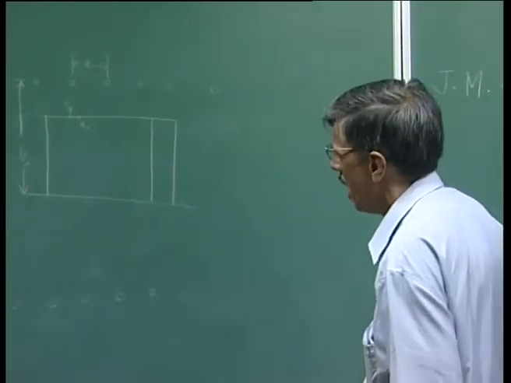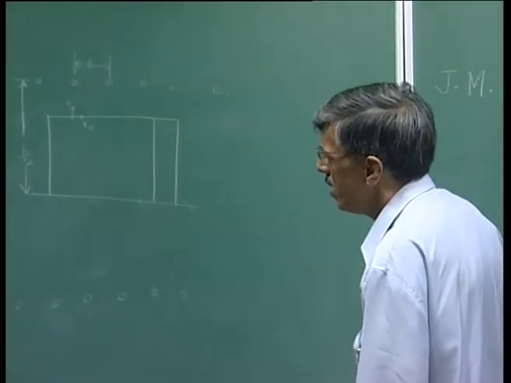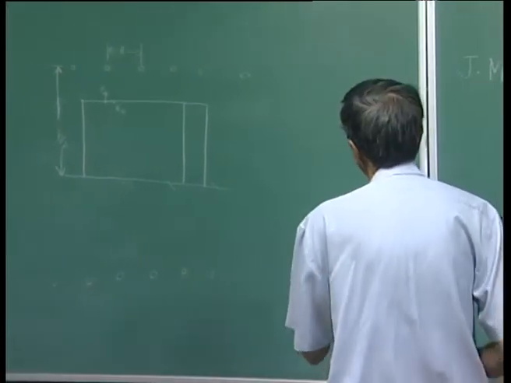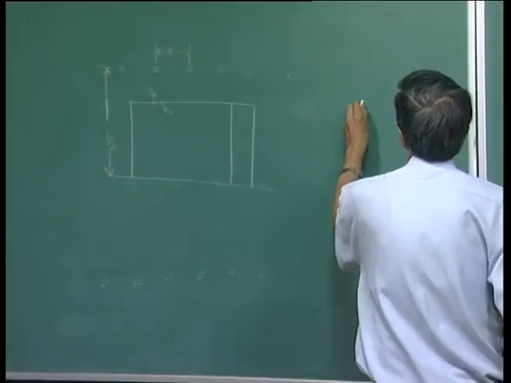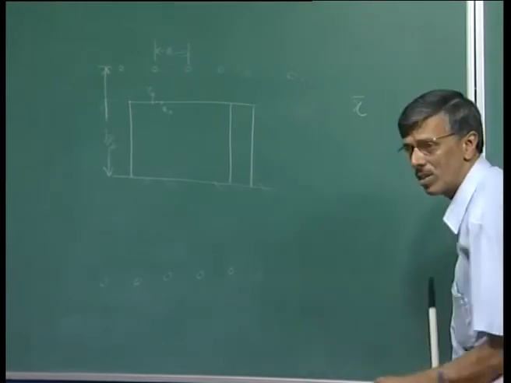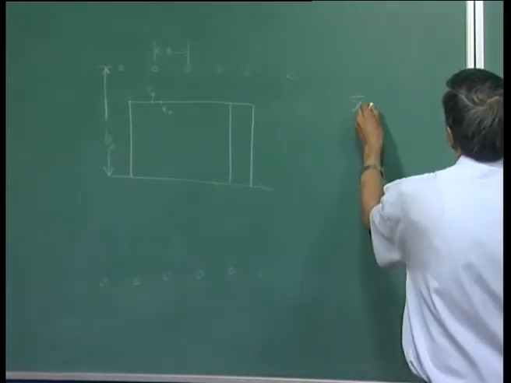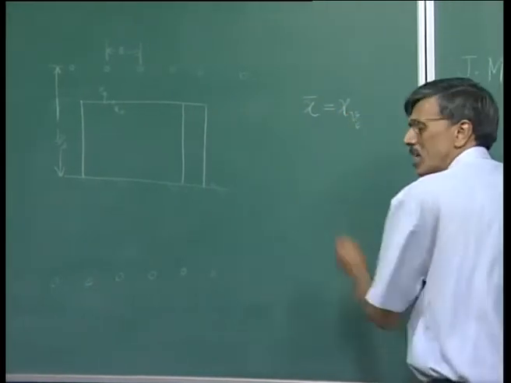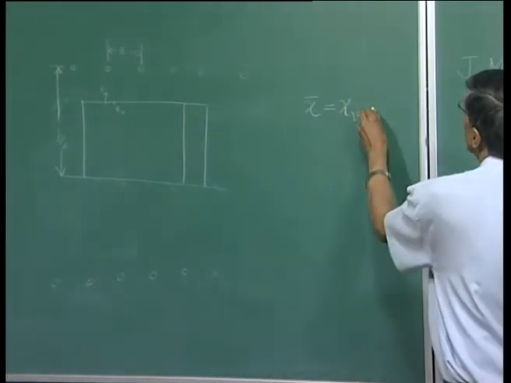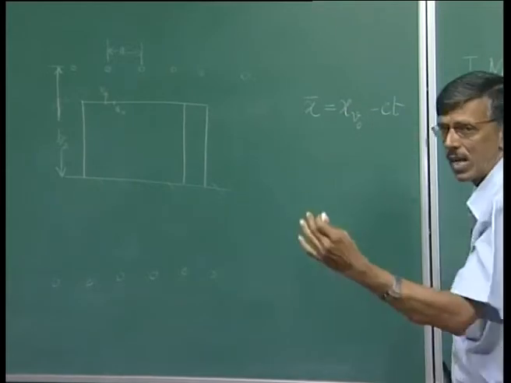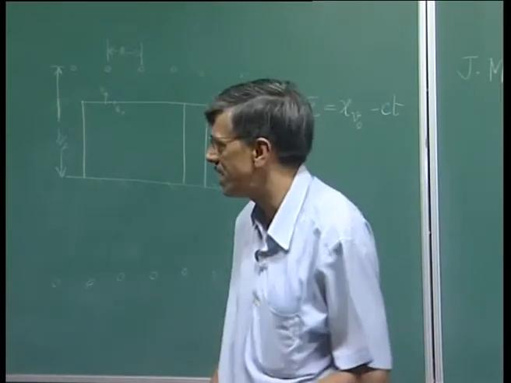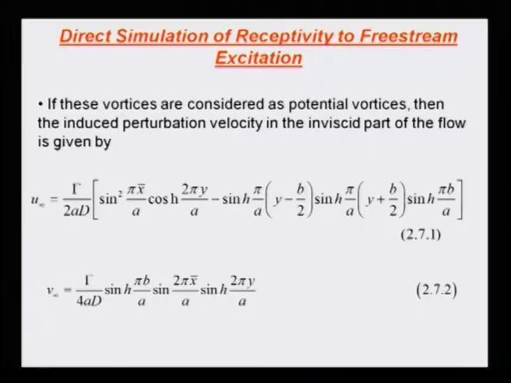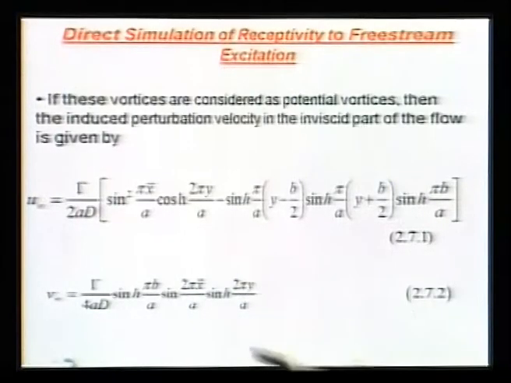This is that. And now what is happening, you can see these vortices are moving at a constant speed. So I could see that the individual location of the vortex would be given in terms of the vortex's initial location minus c into t, because that's the speed with which it is translating. So this is your x bar, and those x bars are all out here, you can see.